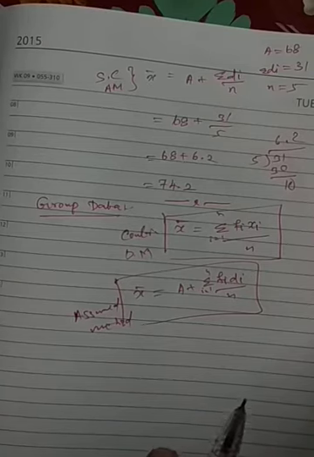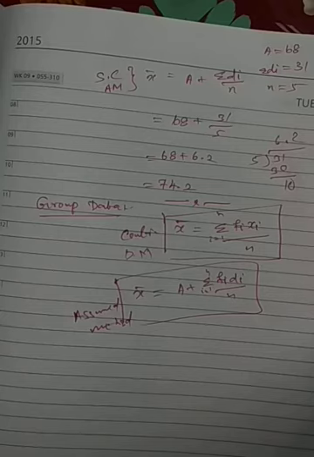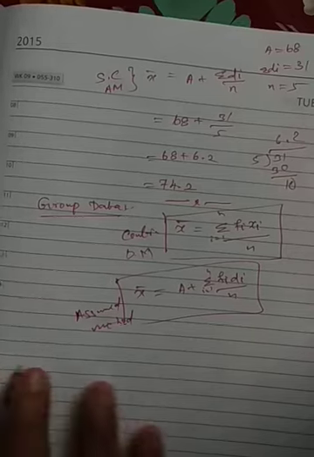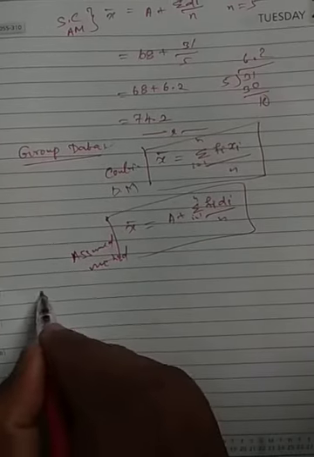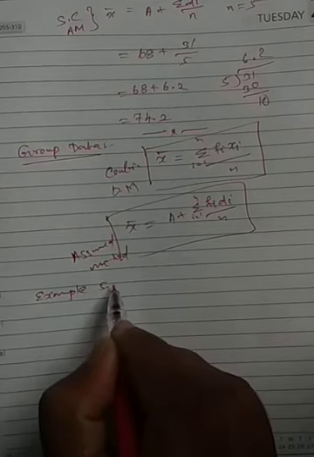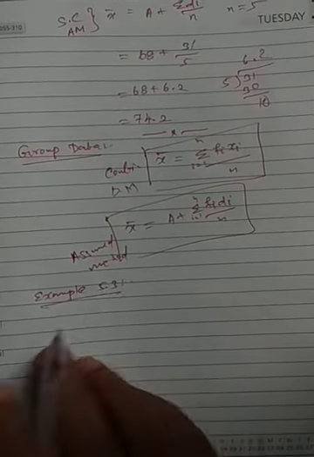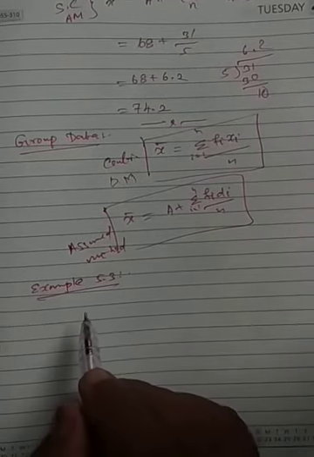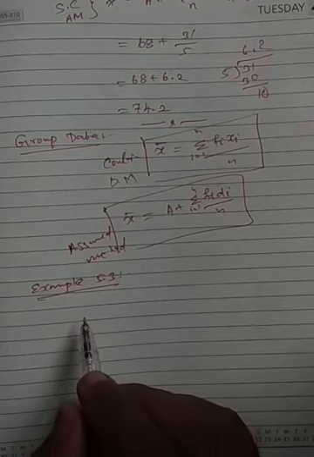What the problems are saying, you just see here. One problem is that, we will check here. The question is lengthy. Example 5.3 is that. I'll read the question and simultaneously I try to write.